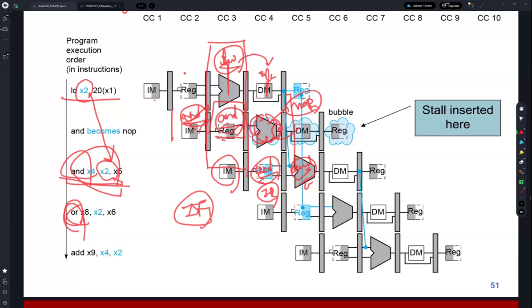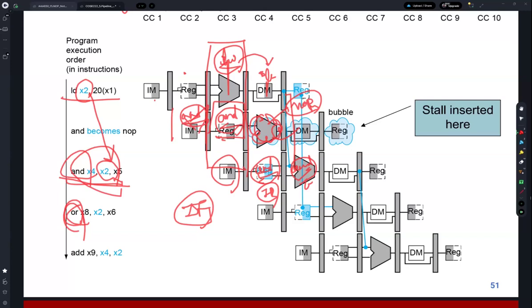Then how about the OR instruction? It cannot be propagated to the next stage because the ID stage is already occupied by the AND instruction, and the AND instruction stays in the ID stage, right?